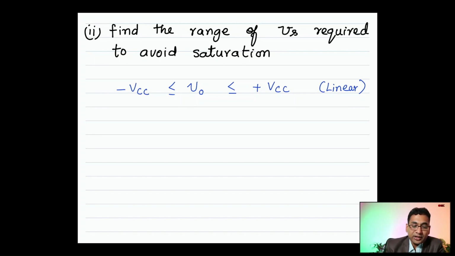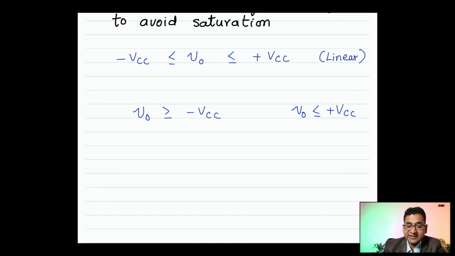So really, you want your V output to be greater than or equals to your negative power supply, and you want your V output to be less than or equals to positive VCC. Now, you know the value of negative VCC, which is negative 15 volts.